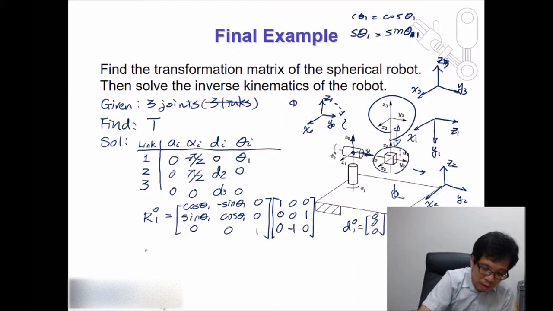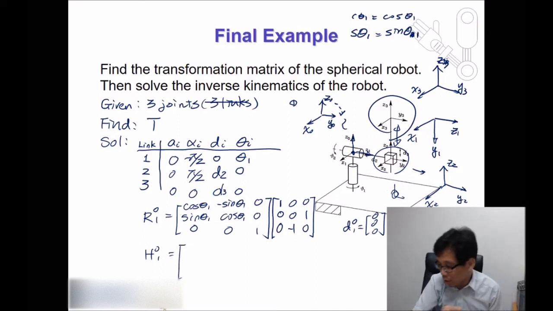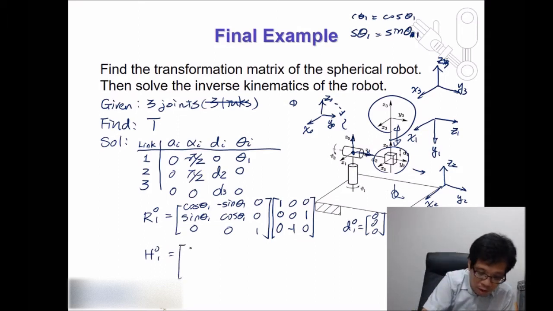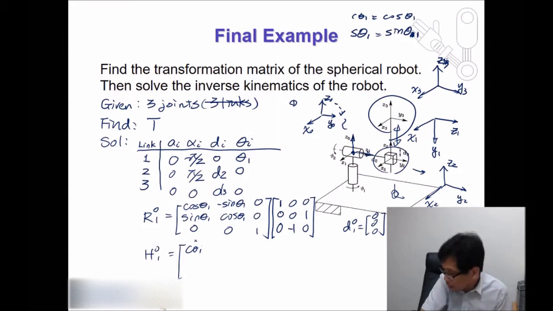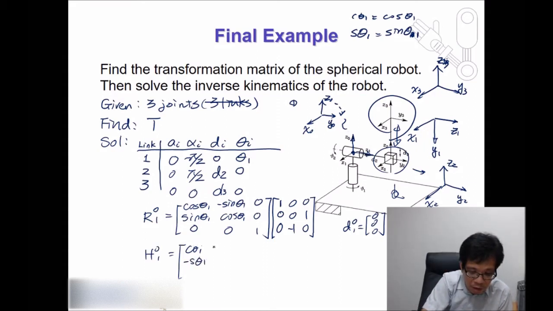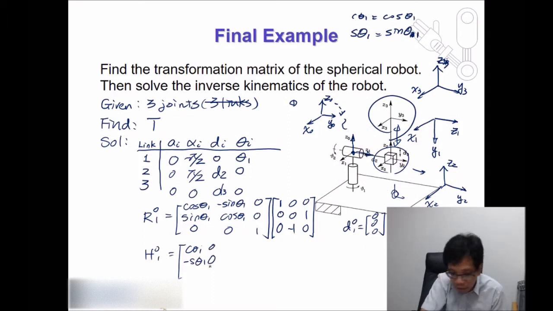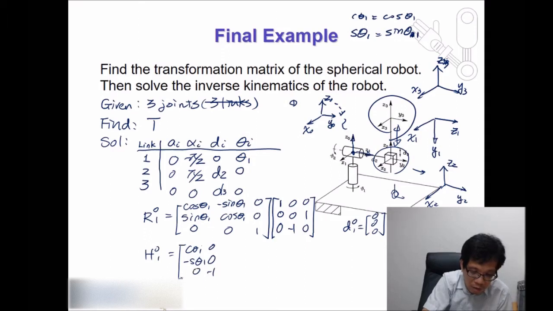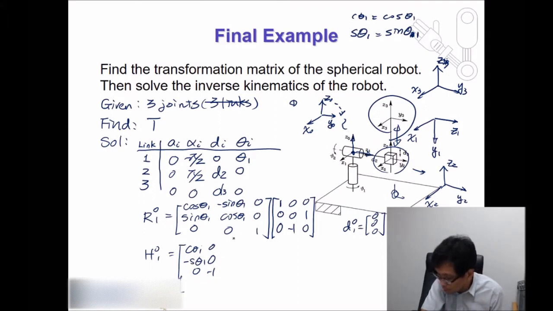So my H 0 to 1 after operation is going to be cosine theta 1, negative sine theta 1, 0, 0, 0, negative 1, 1. And over here, where is it?